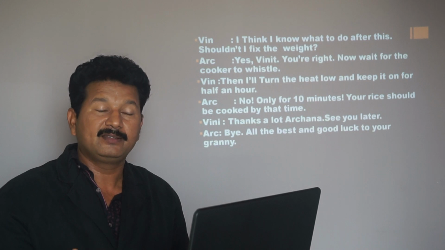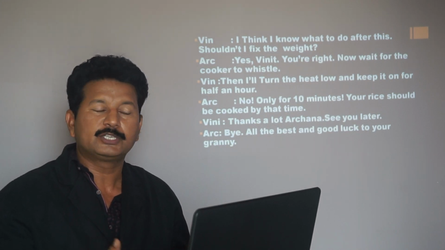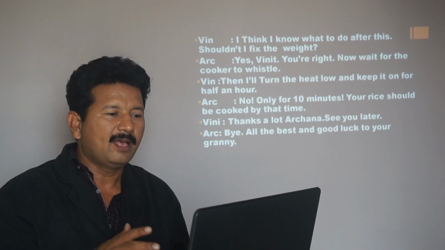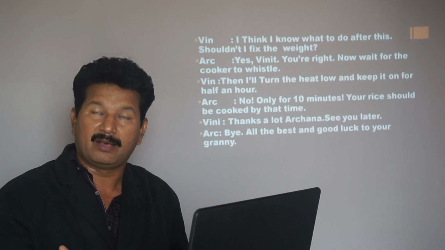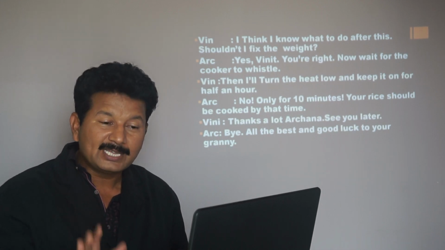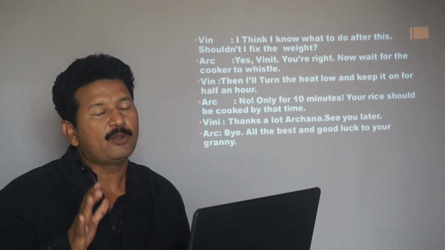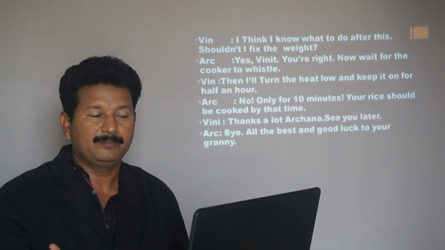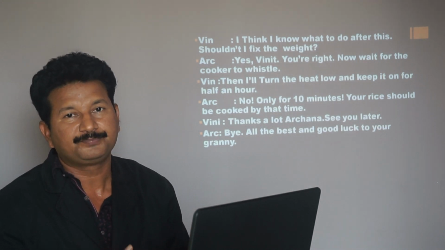Shouldn't I fix the weight? Yes, Vinith, you are right. Now wait for the cooker to whistle. Then I'll turn the heat low and keep it on for half an hour. No, only for 10 minutes. Your rice should be cooked by that time. Thanks a lot, Archana. See you later. Bye. All the best and good luck to your granny.